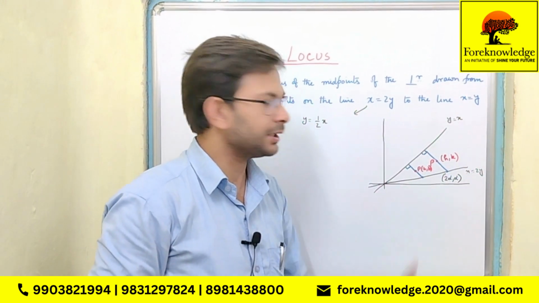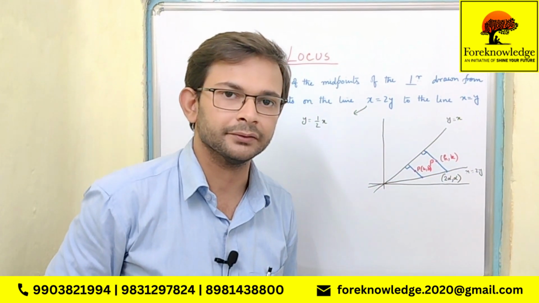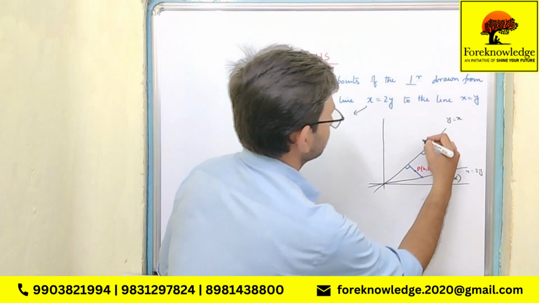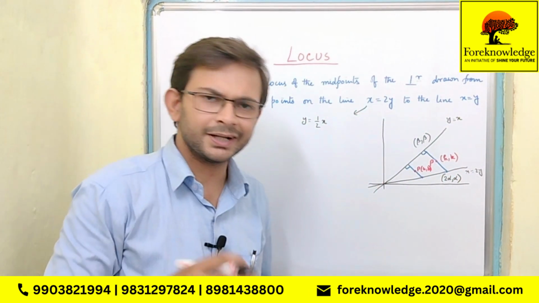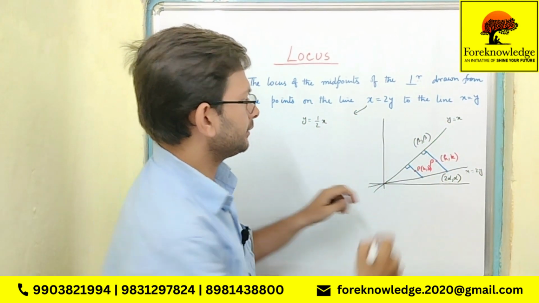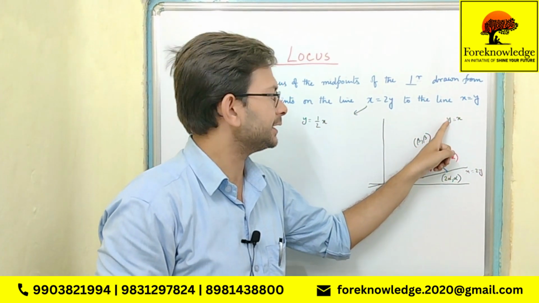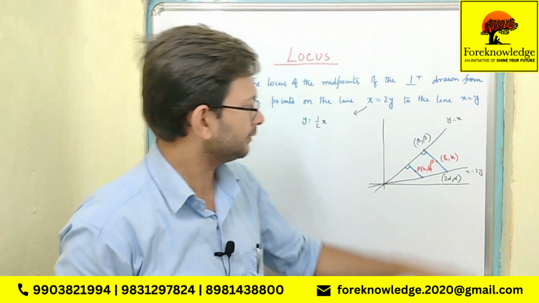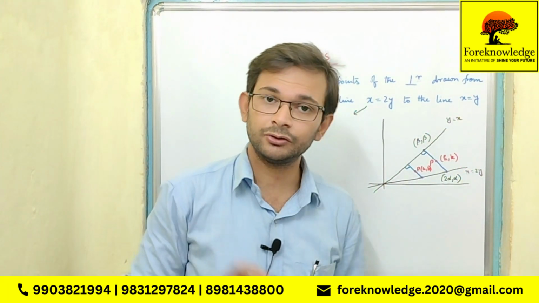So 2 alpha comma alpha can be any point on the line x equal to 2y. And beta comma beta, I am taking alpha and beta randomly. Beta comma beta can be any point on the straight line y equal to x, because if you put y as beta, then x will be beta.